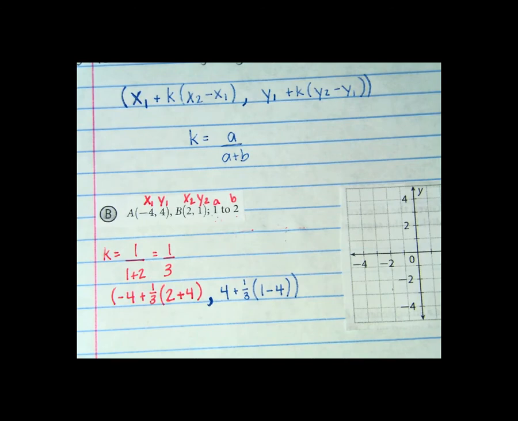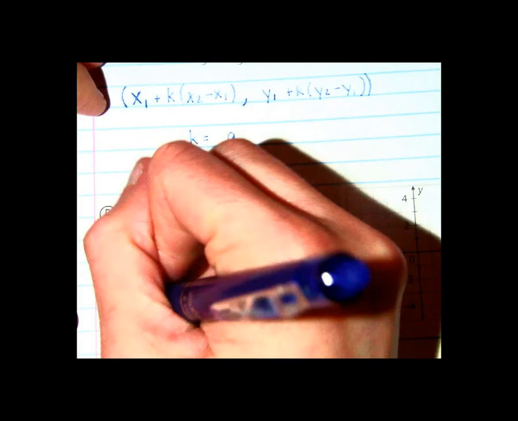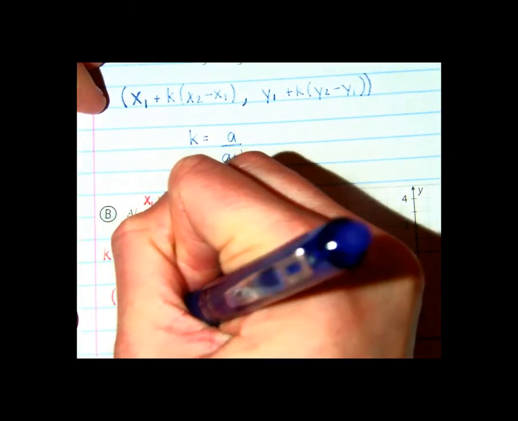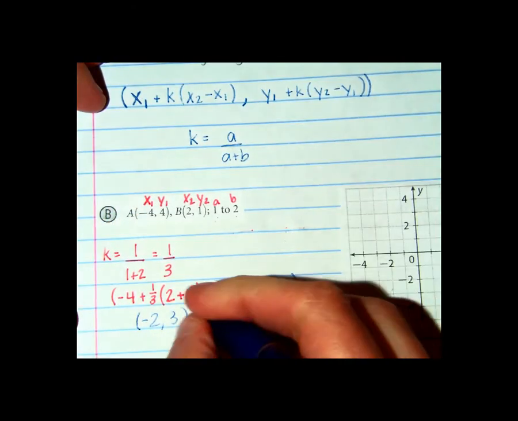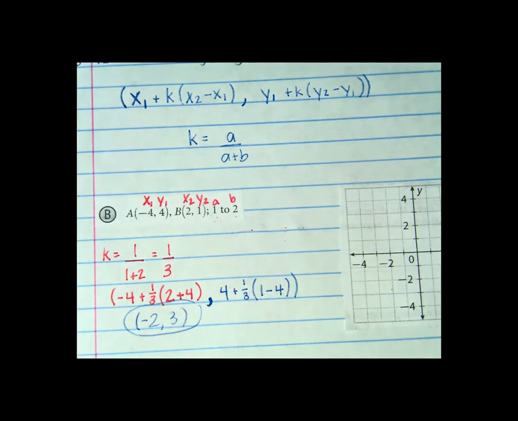So go ahead and do that. Plug them in and see what we get. Okay, -2, comma 3. My answer today is a coordinate point. That's what I'm looking for.